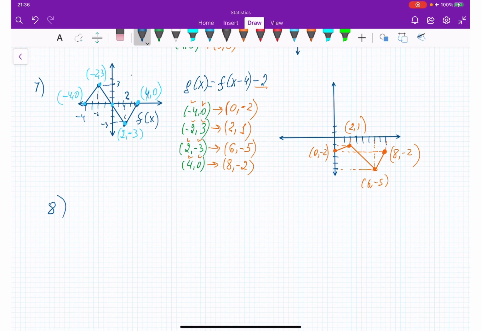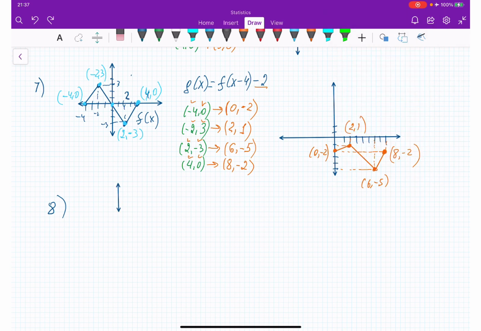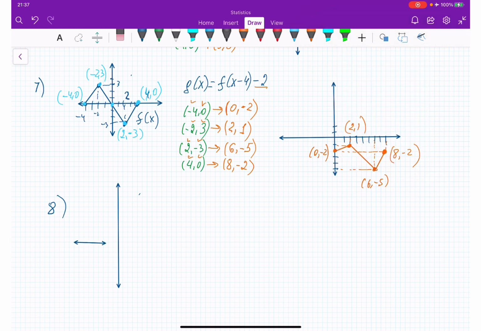So let me see what we have. One, and then another one. So one point is we have -4. One, two, three, 4.